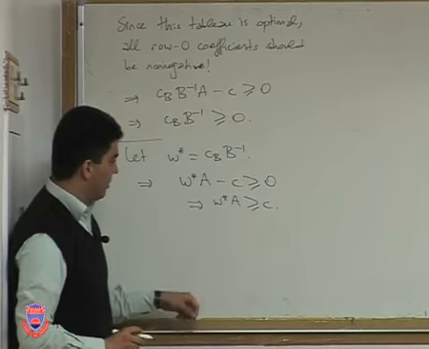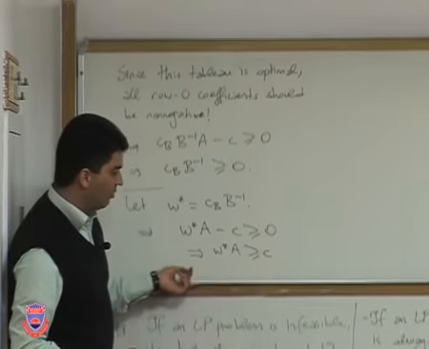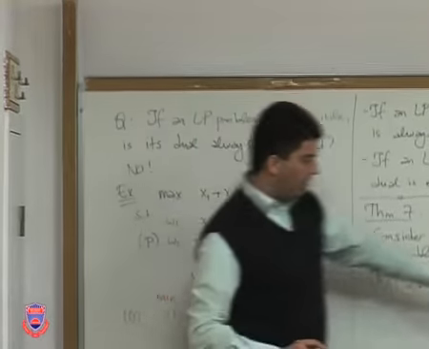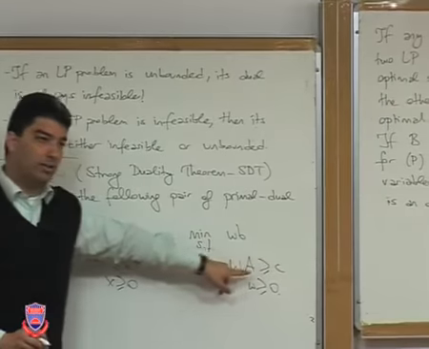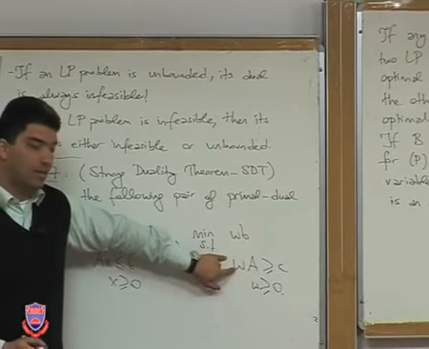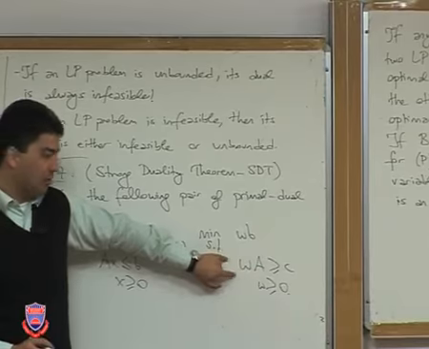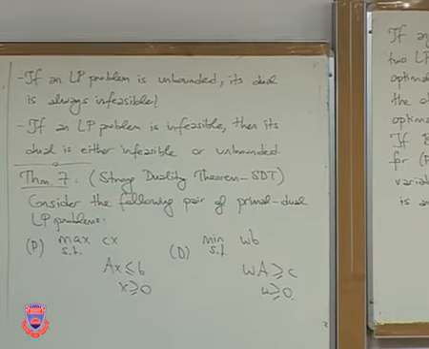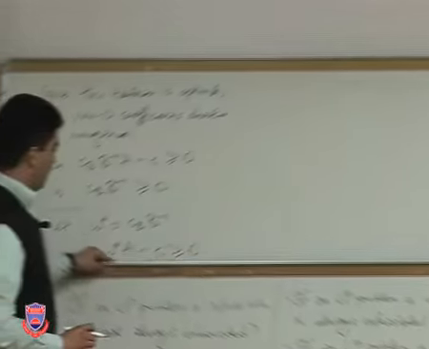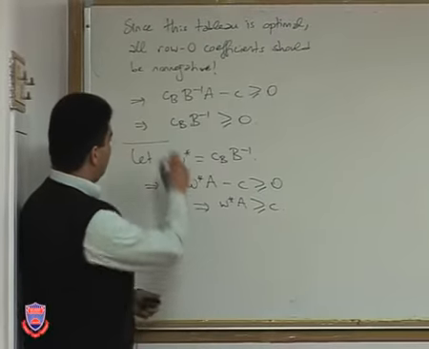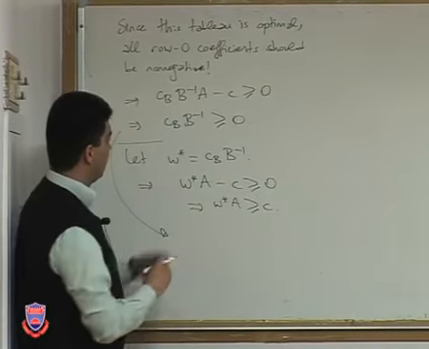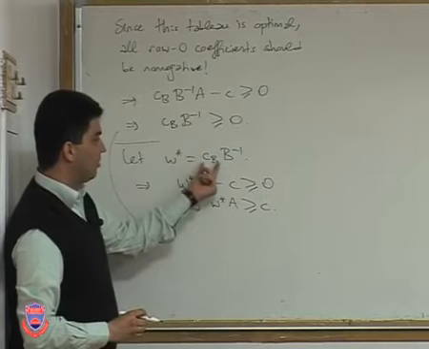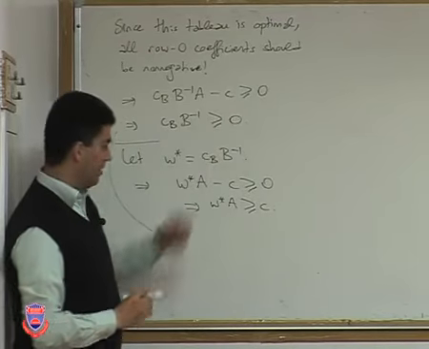Okay. Let me just go back to my dual problem. I have W star times A is greater than or equal to C exactly, right? So that means that I satisfy these conditions. My W star satisfies these constraints, so that's nice. Secondly, if I look at the second inequality, this is precisely the same as W star being non-negative, right?